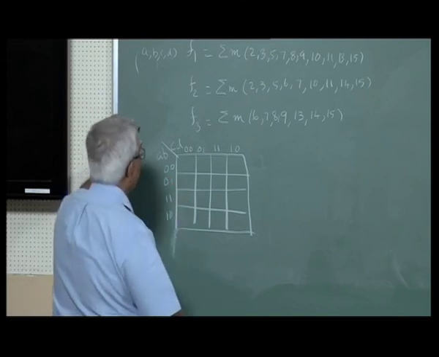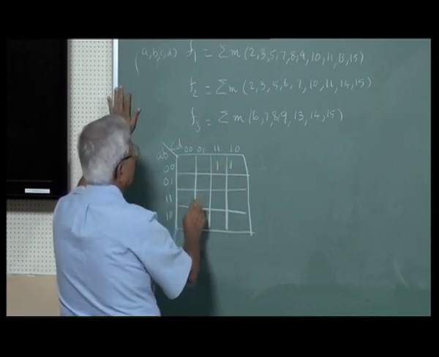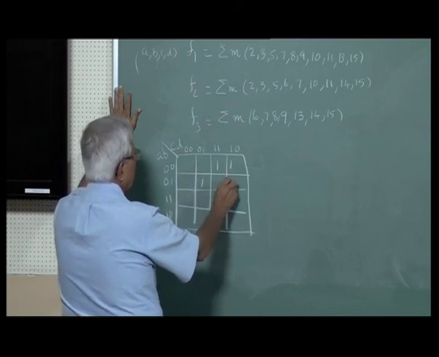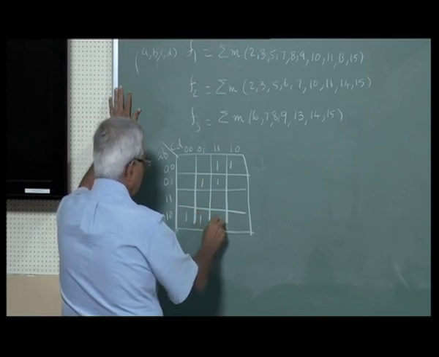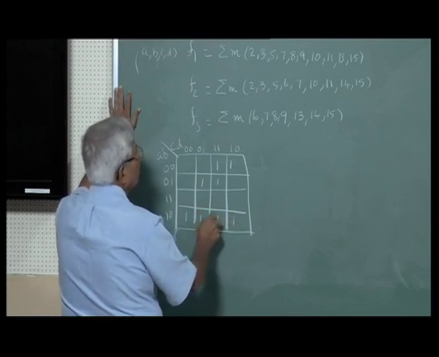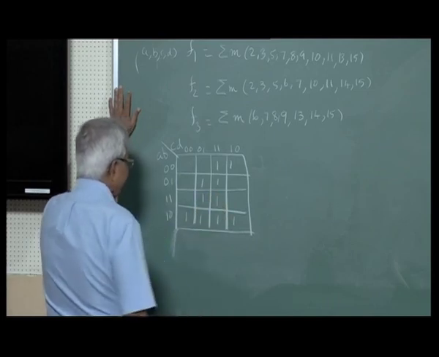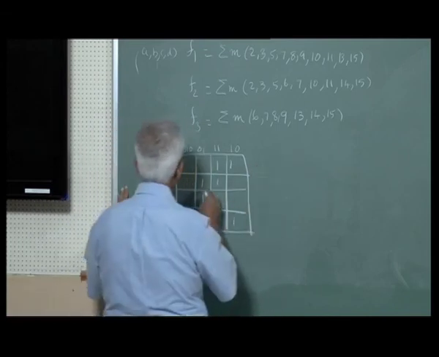Now, this should be 0, 1, 2, 3, 4, 5, 6, 7, 8, 9, 10, 11, 12, 13, 14, 15. This is F1.